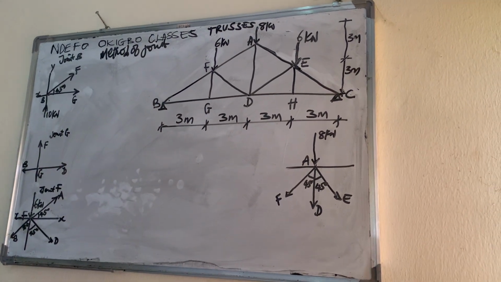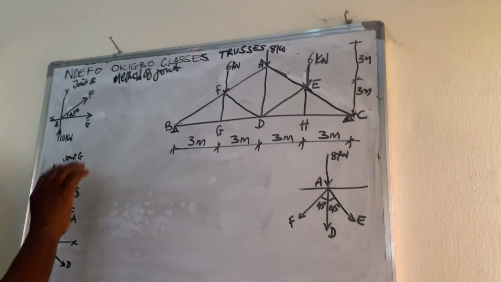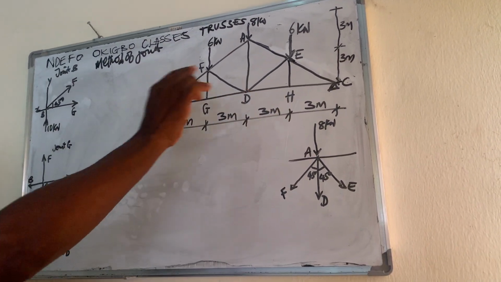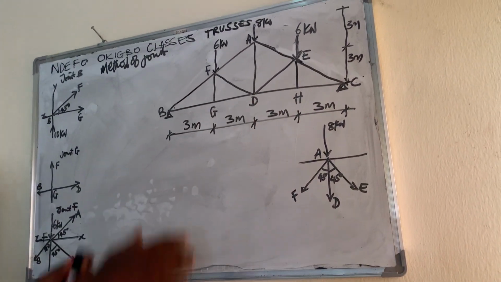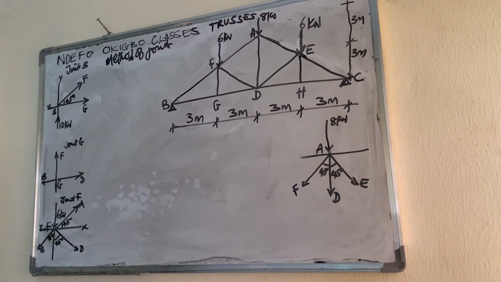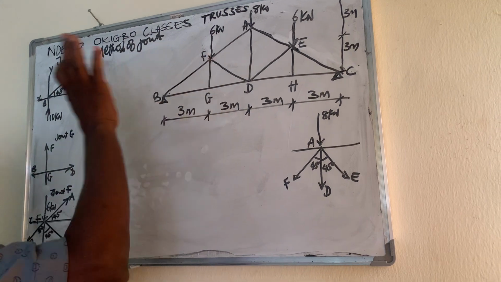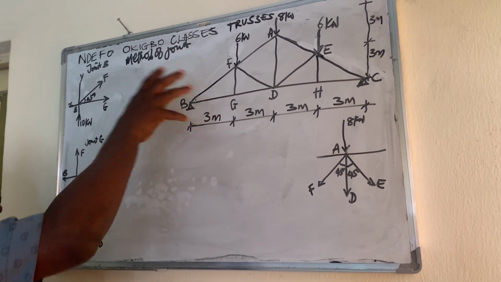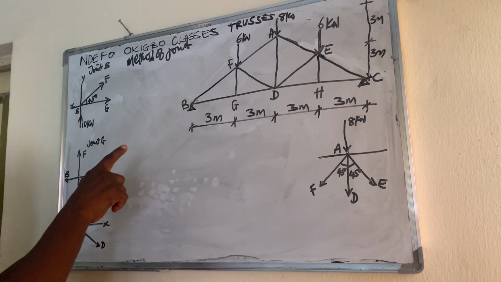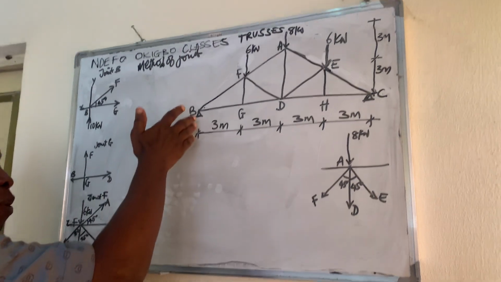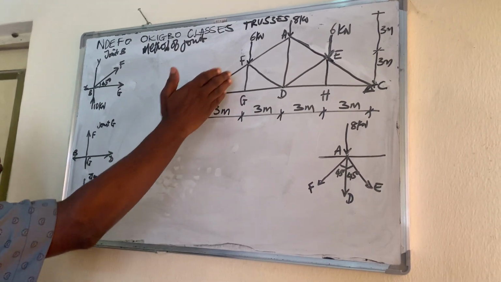In this method, just like any other method, we first of all get the reactions at both ends, at B and C in this case. When we get the reactions, we now cut each of the joints. The first joint to cut is joint B, because that is the joint that has a clear value of the reaction that we know. We can move from it.